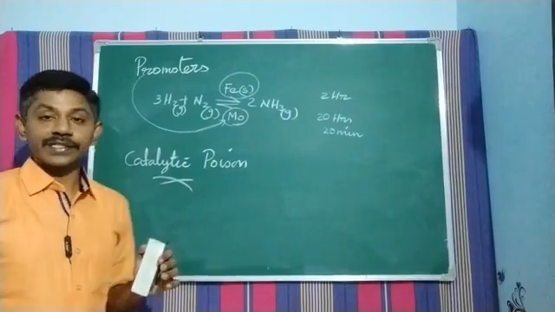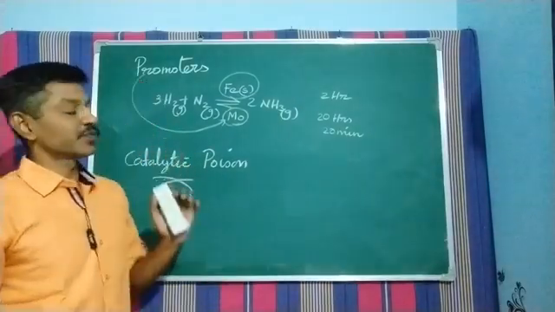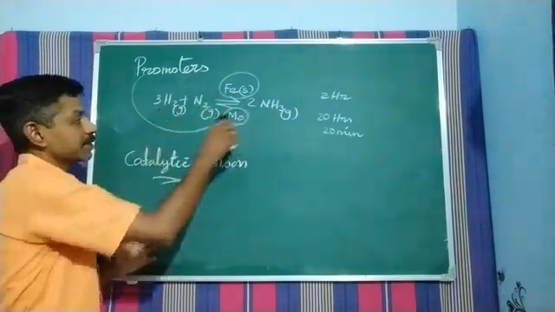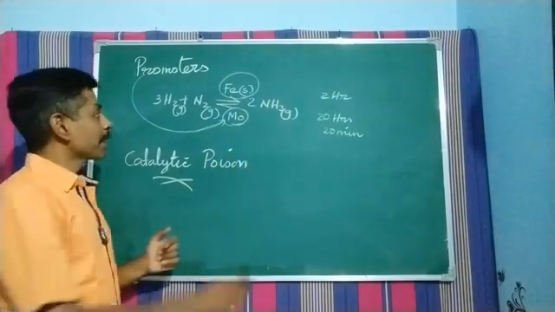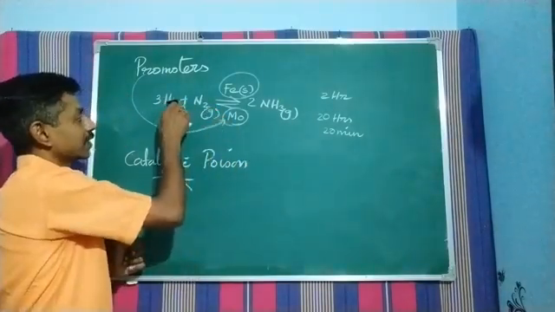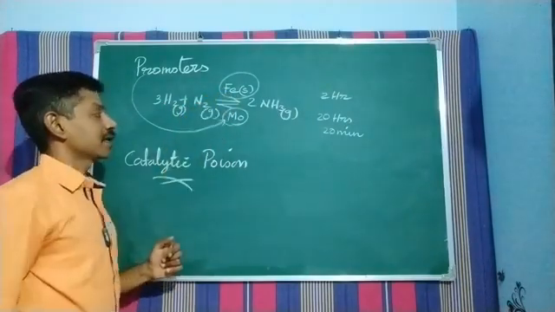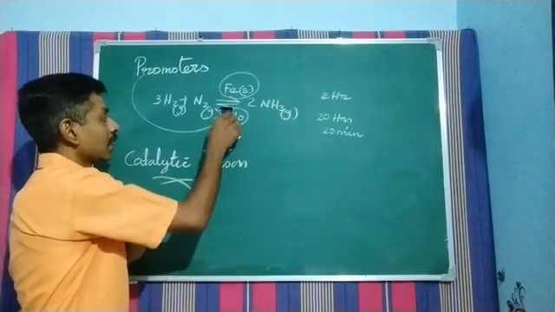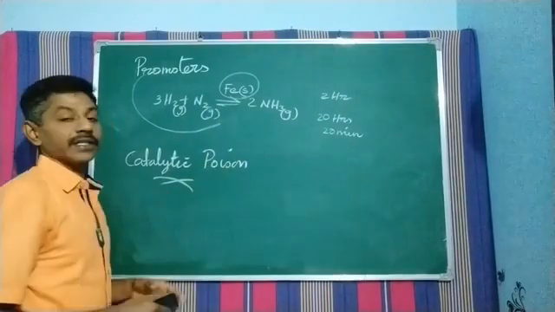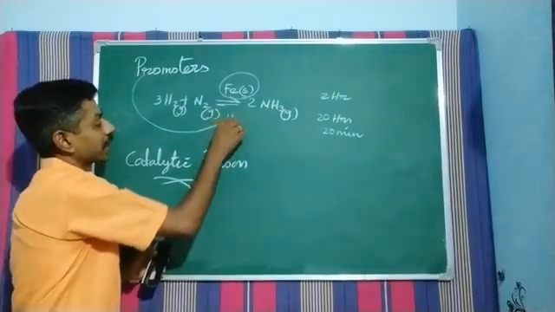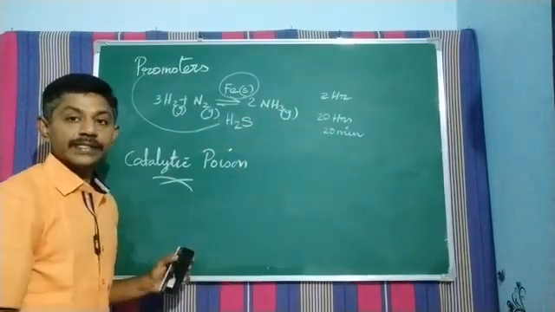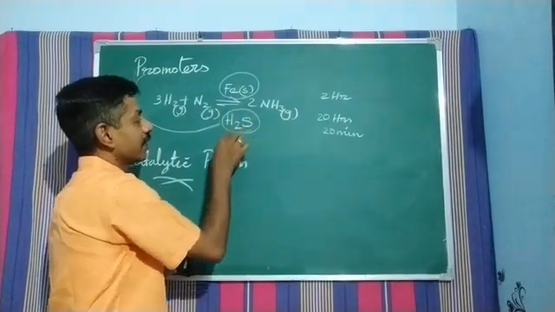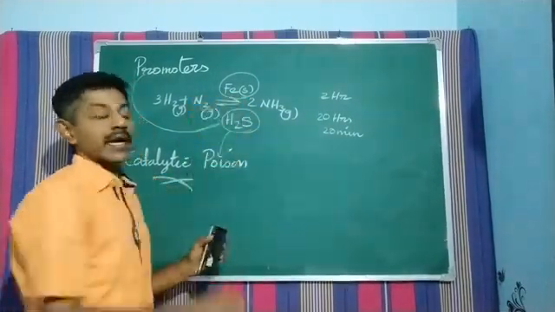Don't be worried about the term poison. They do the same job only. If we take the same example for your understanding, the same Haber's process of manufacturing ammonia. In that process, we use hydrogen and nitrogen, and the catalyst is iron, and we produce ammonia in 2 hours, for example. And instead of adding molybdenum, if we add hydrogen sulfide as the second material for the same reaction, this hydrogen sulfide will go and poison the iron catalyst.